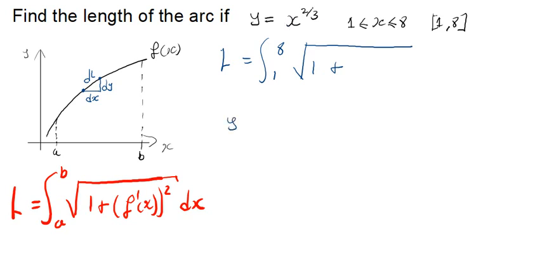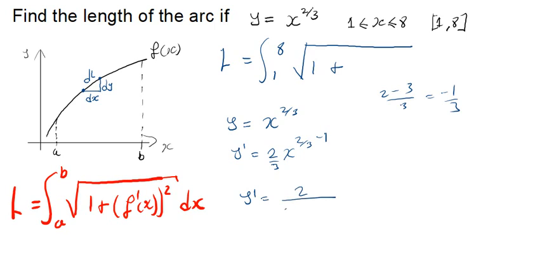My y is equal to x to the power 2 over 3. So my y prime, which is my f prime of x, is 2 over 3 times x to the power 2 over 3 minus 1, which is 2 minus 3 divided by 3, giving negative 1 over 3. So my y prime is equal to 2 over 3 x to the power negative 1 over 3. That's what we have right there.